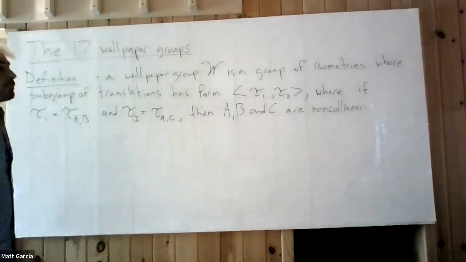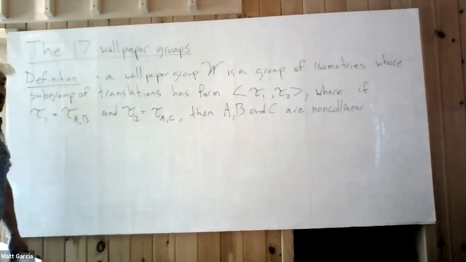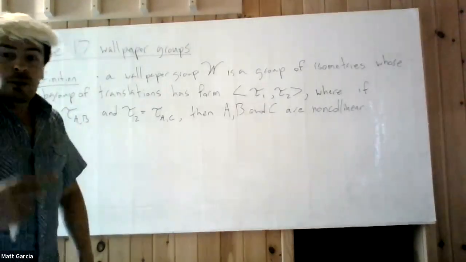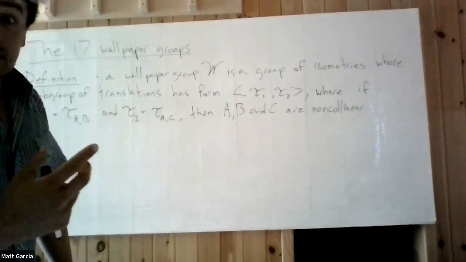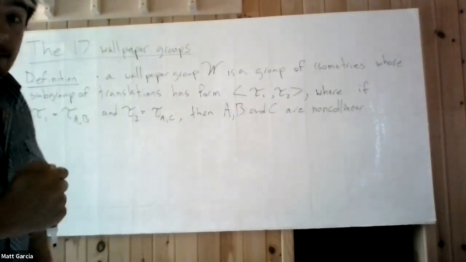That is to say, since a translation is just defined by its vector, any points that are spaced apart by that vector can specify that same tau.